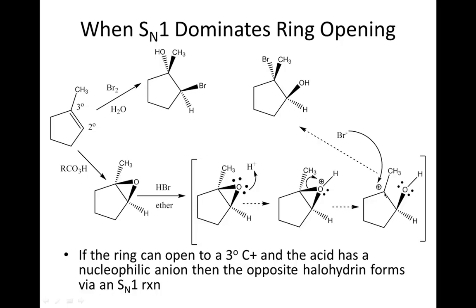And once that happens, then the bromine will react there, and we'll get a different halohydrin. So whether you get the same halohydrin as on the previous slide or different halohydrins is really going to depend on the degree of the carbons again. I can't emphasize enough how important it is to pay attention to the degrees of the carbons that these atoms are attached to, so you know how things are going to come out.